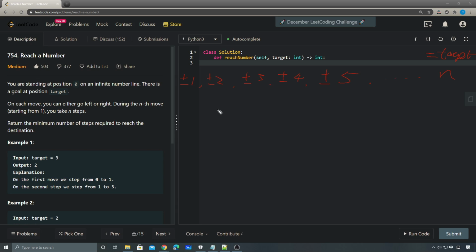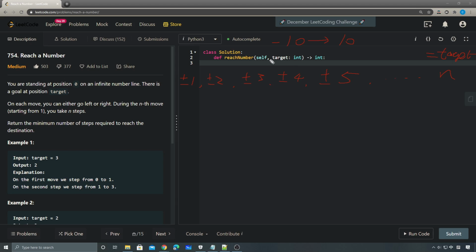So the observations we need to make are like this. First, if the target is a negative number, like negative 10, we can always convert it to a positive 10, because left and right are symmetric.